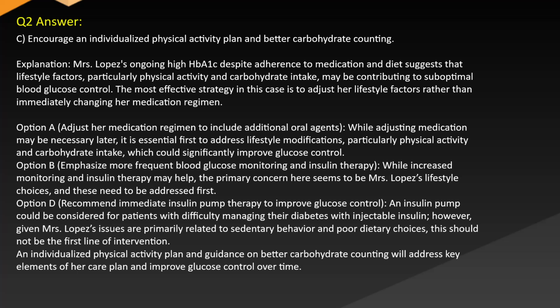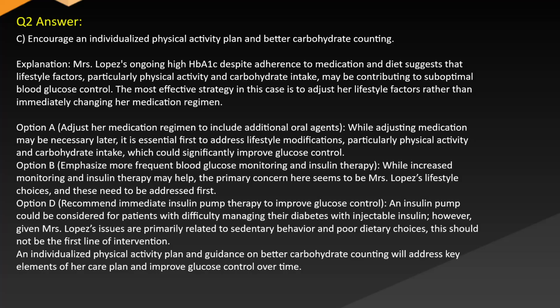The most effective strategy in this case is to adjust her lifestyle factors rather than immediately change her medication regimen. Option A, adjust her medication regimen to include additional oral agents. While adjusting medication may be necessary later, it is essential first to address lifestyle modifications, particularly physical activity and carbohydrate intake, which could significantly improve glucose control.